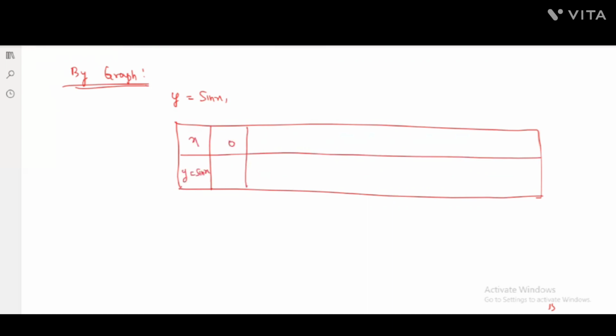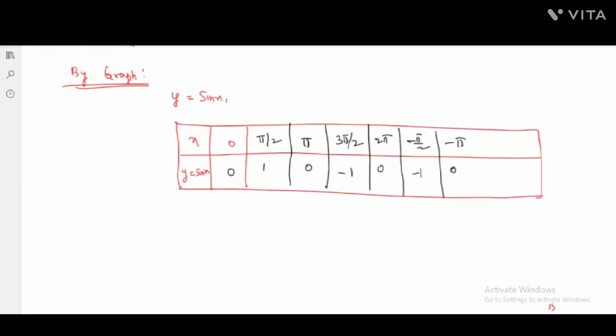First I'll take 0. Sin 0 is 0, sin pi by 2 is 1, sin pi is 0, sin 3 pi by 2, that means 270 degrees, is minus 1, and sin 2 pi is 0. Sin minus pi by 2 is minus 1, sin minus pi is 0, sin minus 3 pi by 2 is 1, and sin minus 2 pi is 0.